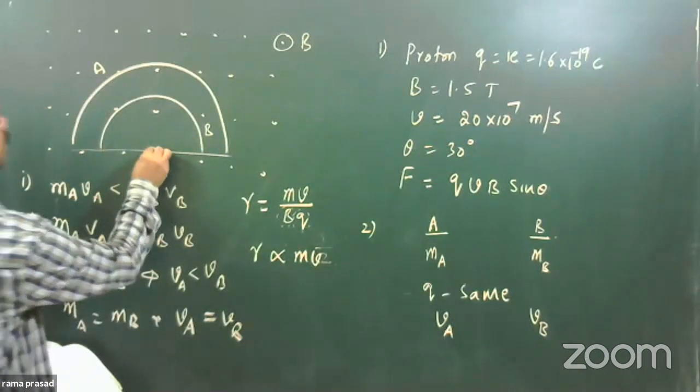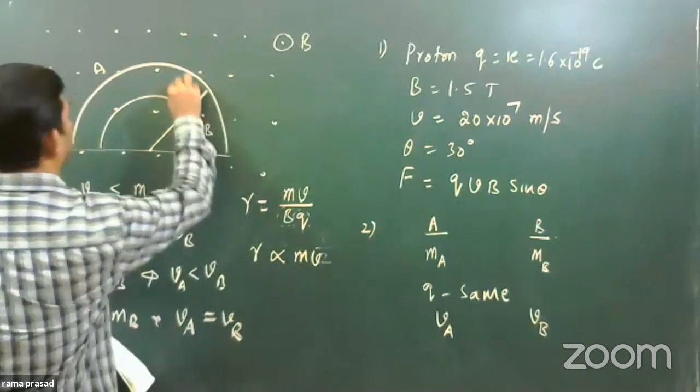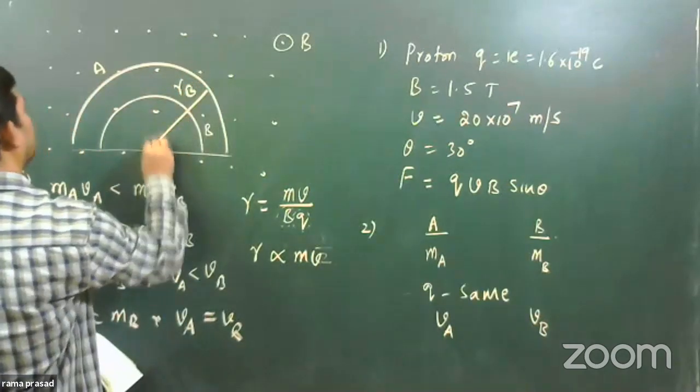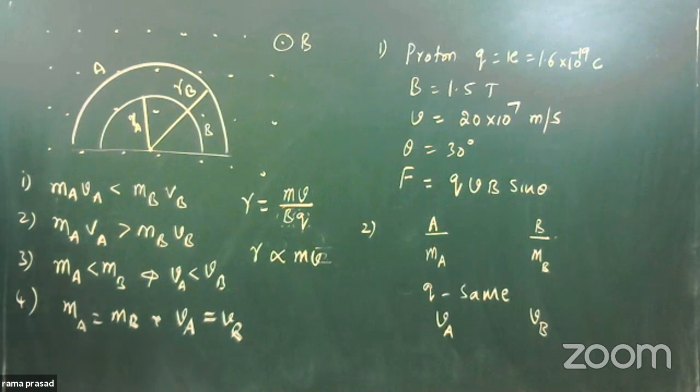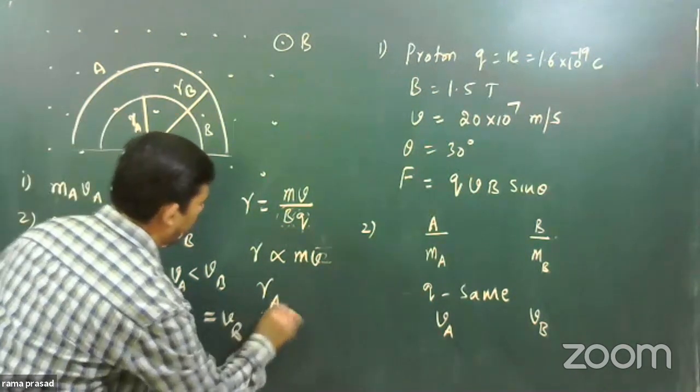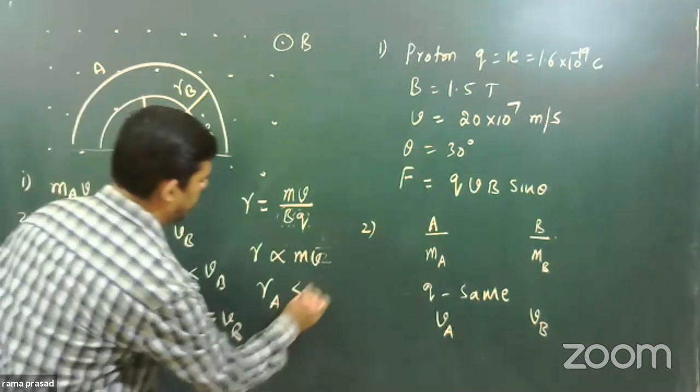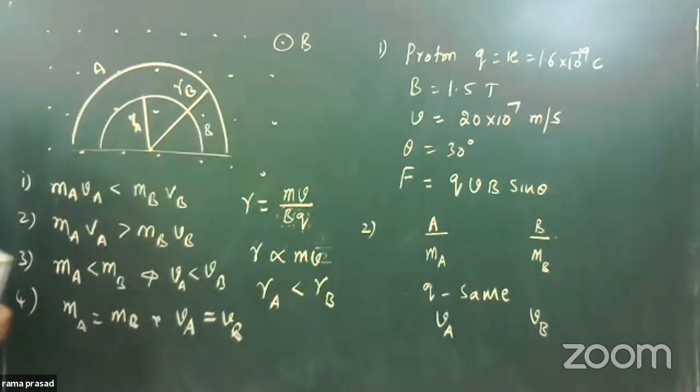See here, for the second one, this is RB, and for the first one, RA. So RA less than RB. That means MAVA is less than MBVB. That is the answer.